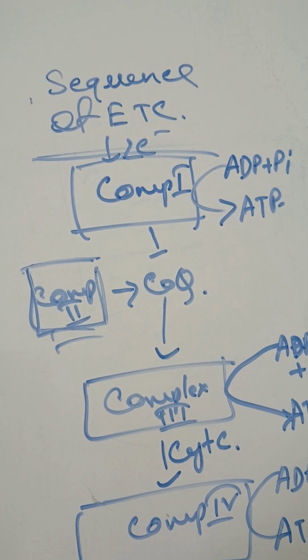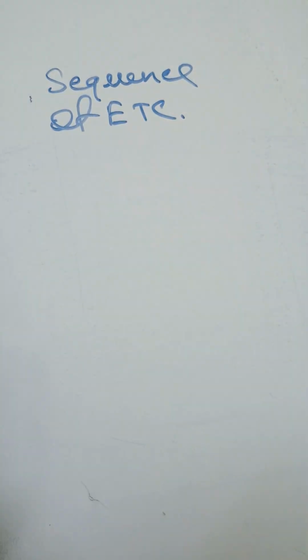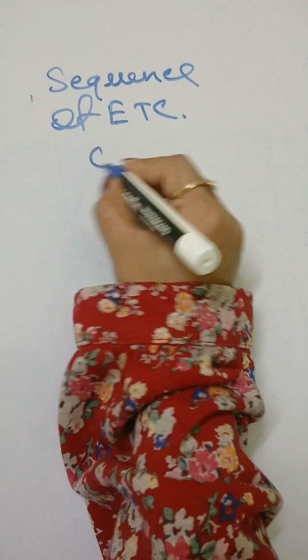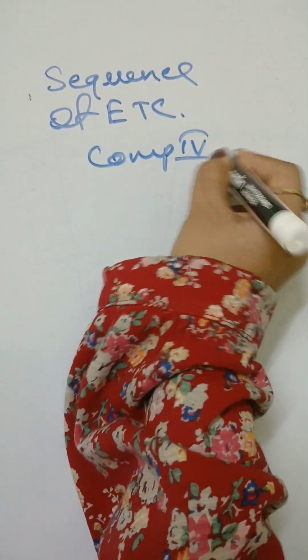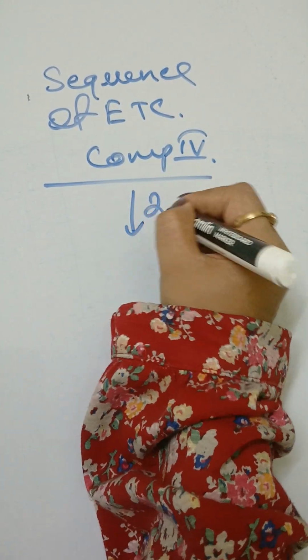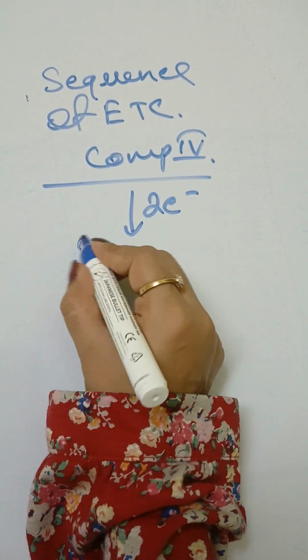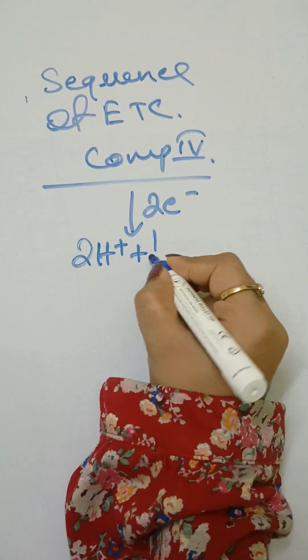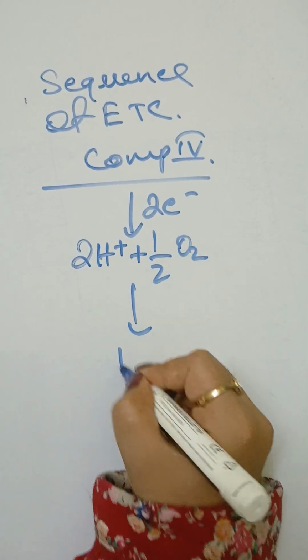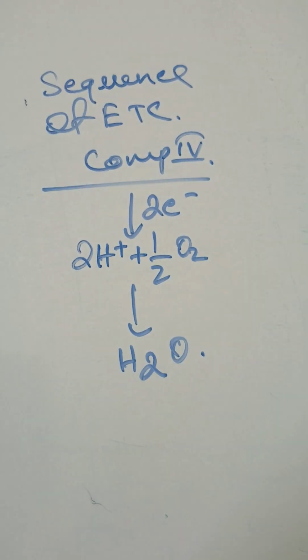And finally from complex 4, the electrons will be passed on to a reaction, 2H plus half O2, which will give rise to a water molecule.